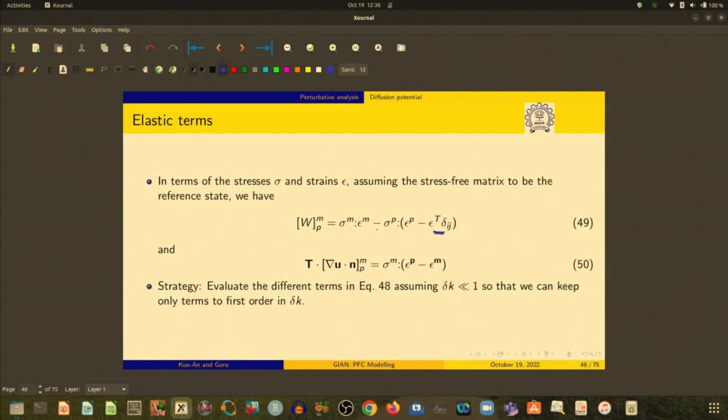Okay. So, this is anyway the jump condition, the difference between the two, and you can see that this T dot del u dot n can also be written as sigma m double dotted with epsilon p minus epsilon m. Okay. The way to think about it is T itself is sigma dot n and this is del u dot n, del u is strain.